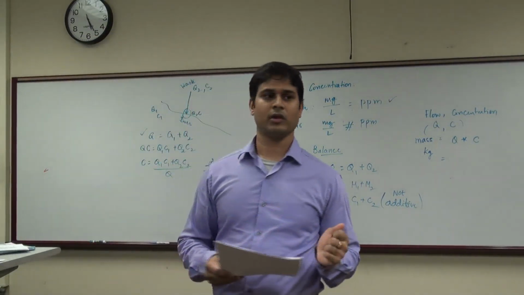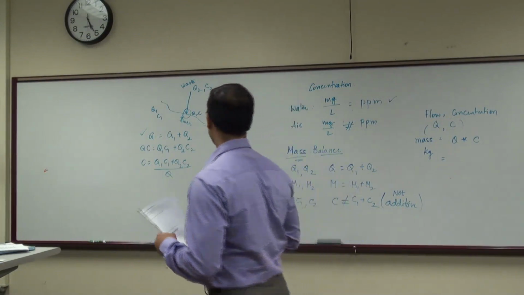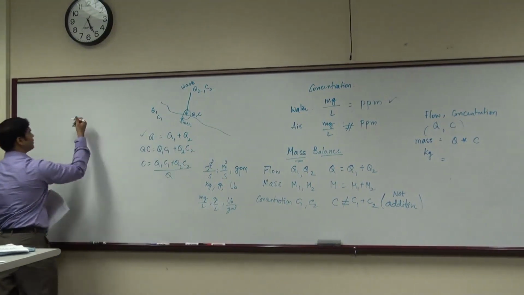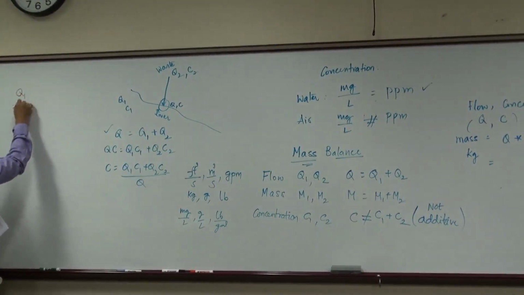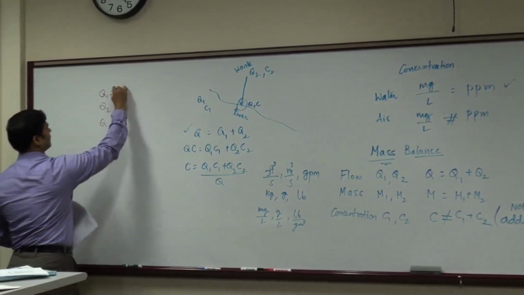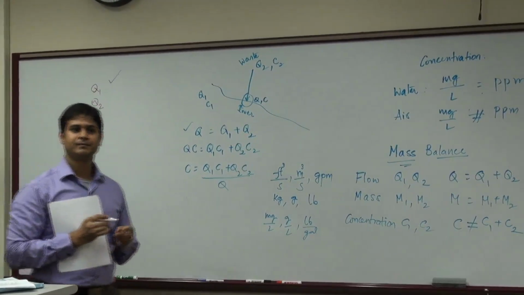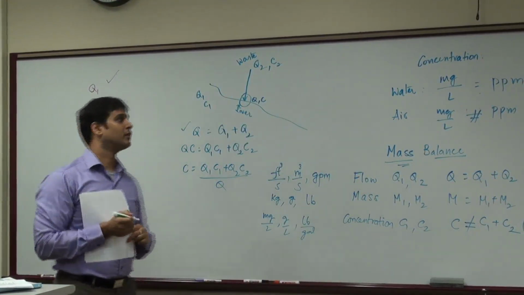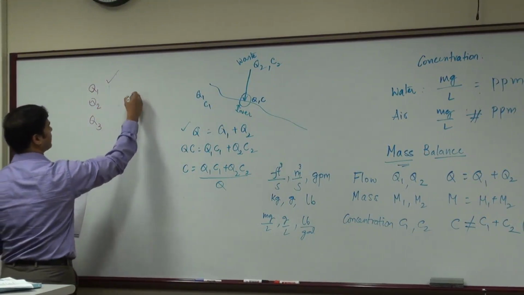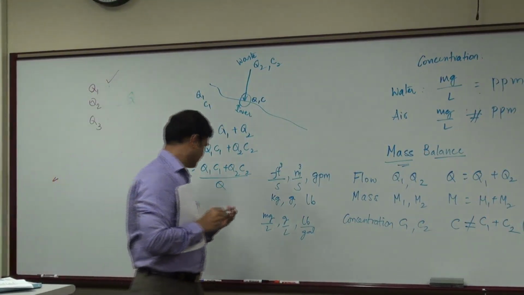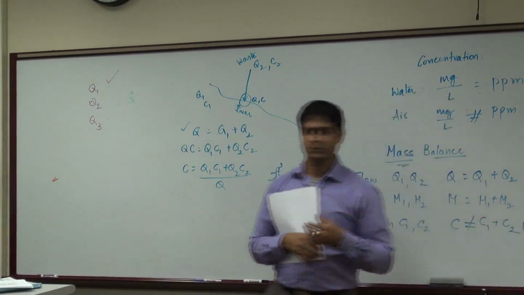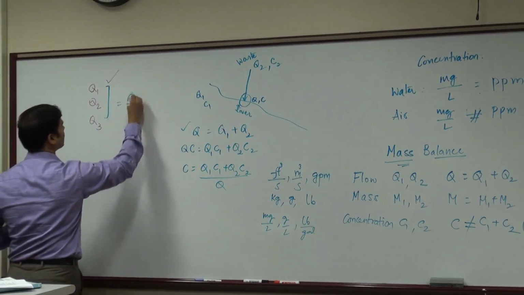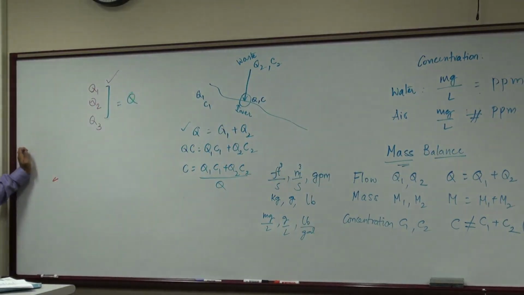All right, so how do you solve this problem? What is your Q here? You know Q1, Q2, Q3. Given, right? Q1, Q2, Q3 is given, and when you put all of this together, that's going to be Q. Is that right?